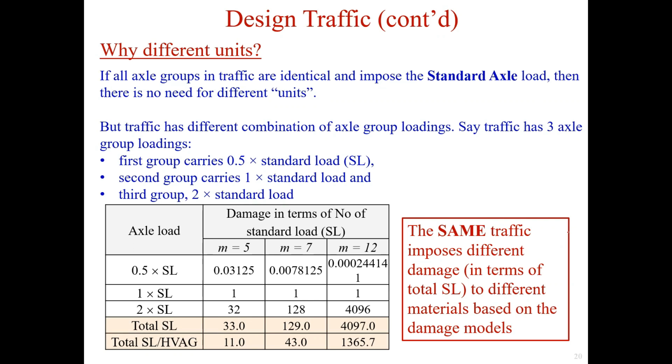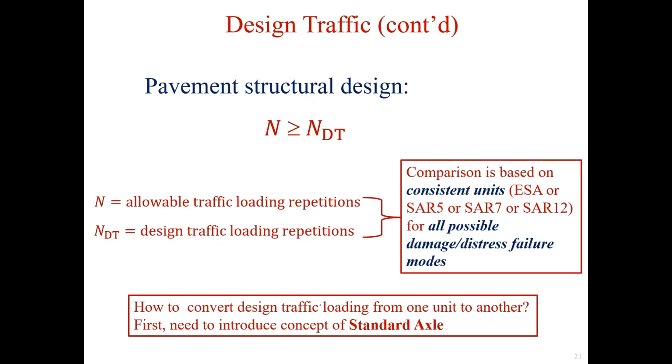It is obvious the same traffic imposes different damage in terms of total SL to different materials based on the damage models. So from this table, we are able to work out the total damage to different materials from these 3 different axle groups.